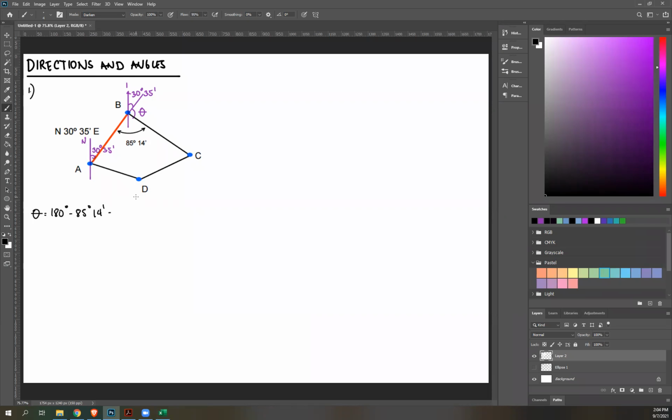But that's not the azimuth. To get the azimuth, as I mentioned earlier, that's theta plus this angle: theta plus 30 degrees 35 minutes. Please solve. What's the answer?